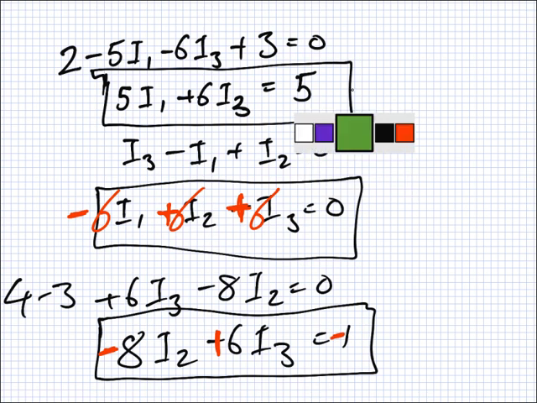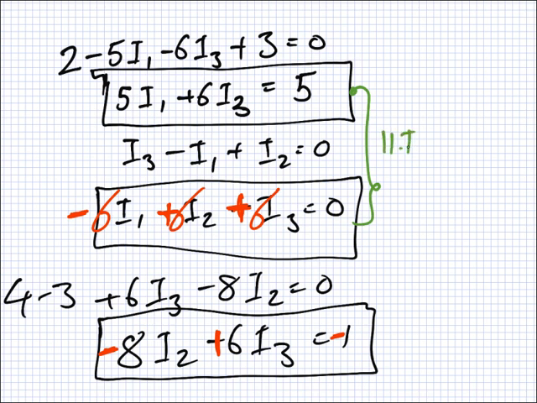And then we'll just combine these two. 5I1 minus 6I1 is 11I1. Minus 6I2 equals 5. And then we put these together. Minus 6I1 plus 8I2. They cancel, equals 1.